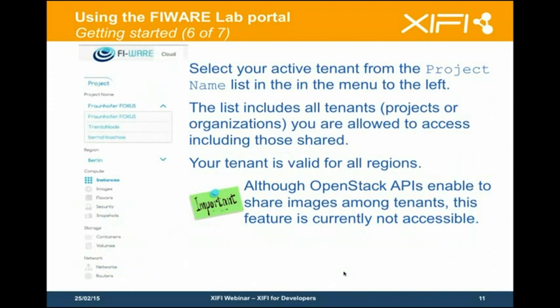Okay. To select where you're working, if you are a trial user, you will only have one name, one tenant ID, so it's not that much of an issue here. But if you're working together with other people or on several nodes under different names potentially, then you will first have to select under which tenant you will be doing your work. And then you have to select the region, under which region you are working.